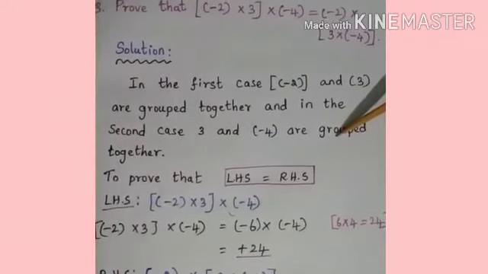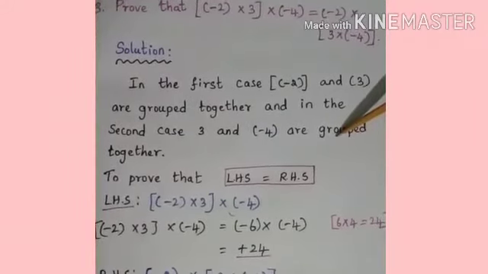Now, let us take the left hand side expression, that is [minus 2 into 3] into minus 4. Here, we have to multiply the integers within the square bracket first. That is minus 2 into 3. We know that multiplying negative and positive integers always gives a negative integer. That is, minus 2 into 3 gives minus 6.